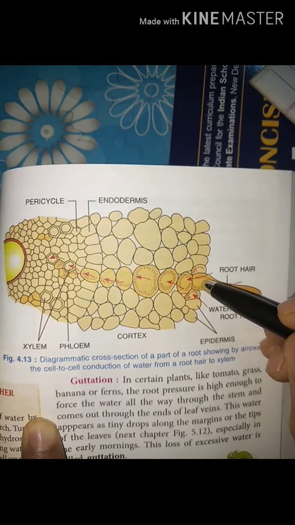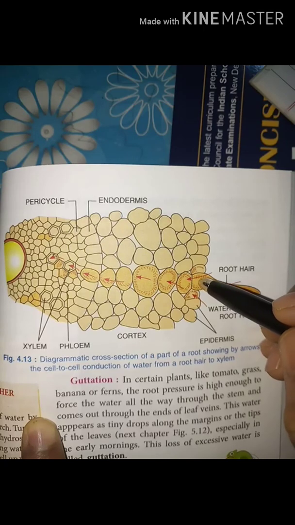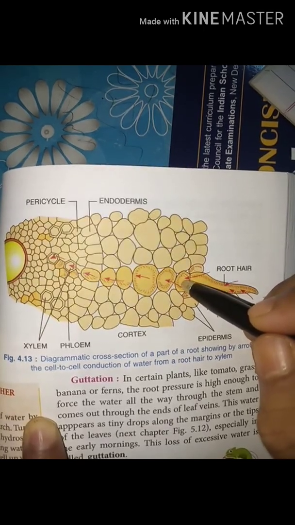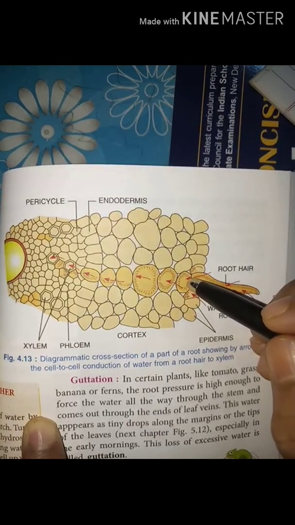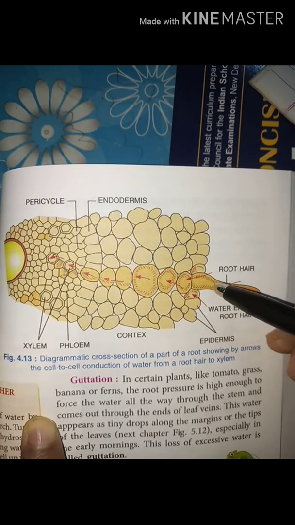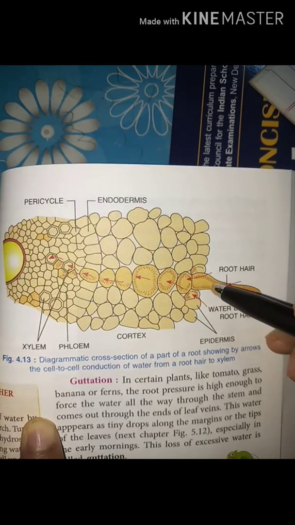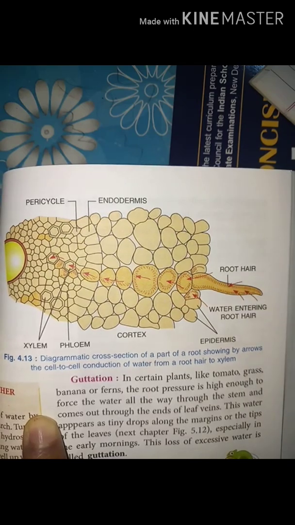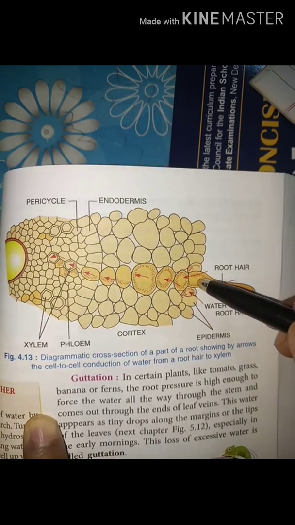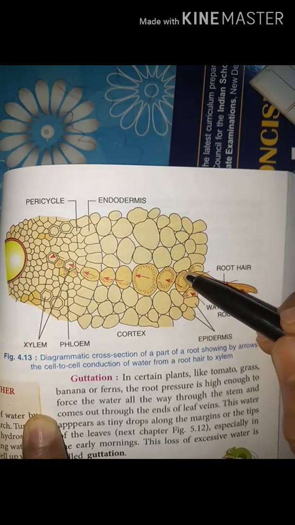So, from this turgid cell, water diffuses into the flaccid cell. Because the flaccid cell is in the condition of hypertonic solution and the turgid cell is in the condition of hypotonic solution. So water moves from hypotonic to hypertonic.